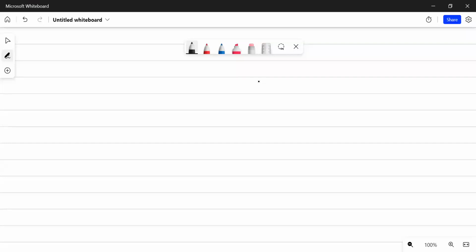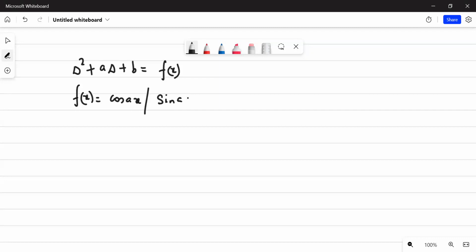Today we are going to do the same. For example, if my differential equation is given as D square plus aD plus b, and on the right hand side you have some f of x, and if f of x is given by cos(ax + b) or sin(ax + b).